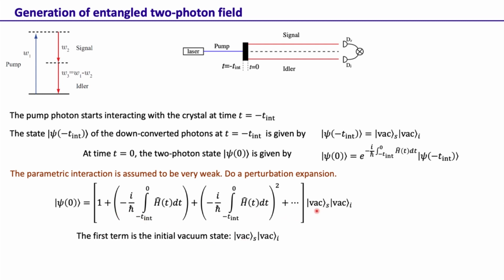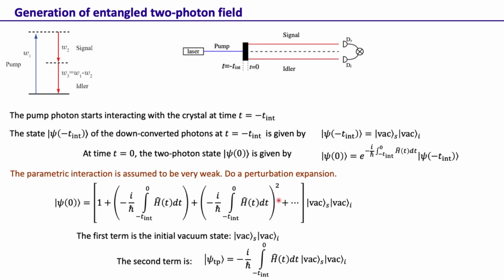We see that the first term is just the initial vacuum state. This 1 acting on vacuum S vacuum I just gives the initial state, which is vacuum S vacuum I. The second term, which is minus i over h bar integral H(t) dt acting on vacuum S vacuum I, is this. Now we will see that this second term gives rise to the 2-photon state.